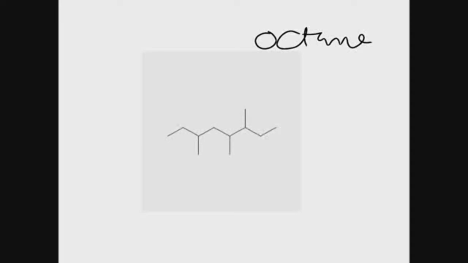So as usual, we need to identify the carbon atoms that bear the functional group. We start by counting this octane from the end where the carbon atoms are closest. All right, so let's say 1, 2, 3, 4, 5, 6, 7, 8.